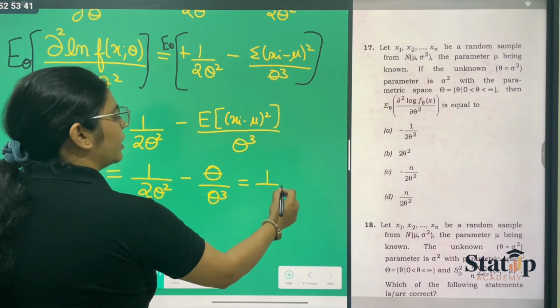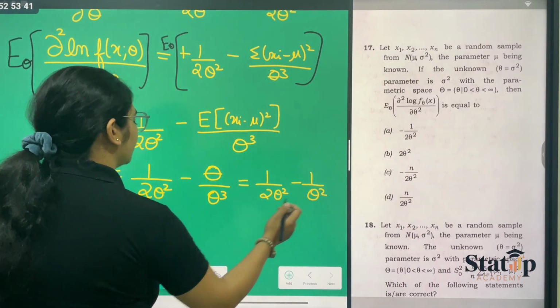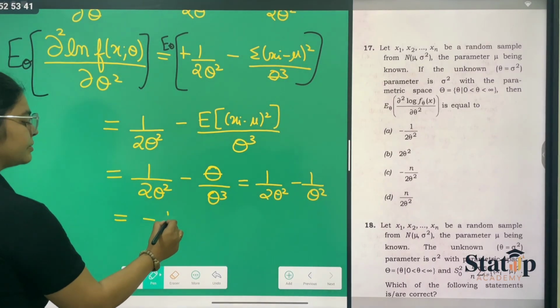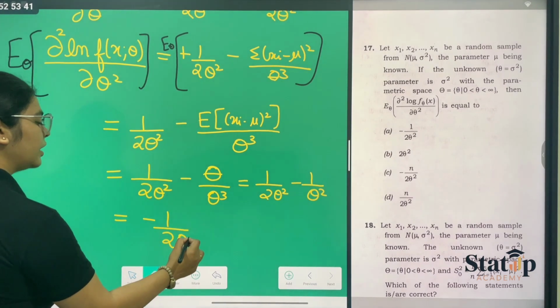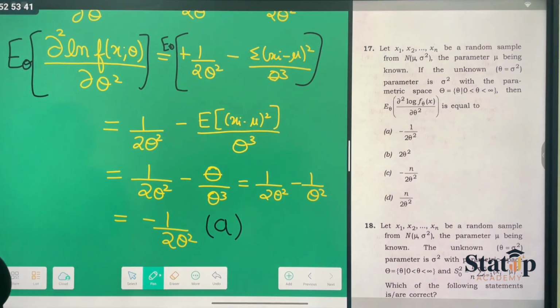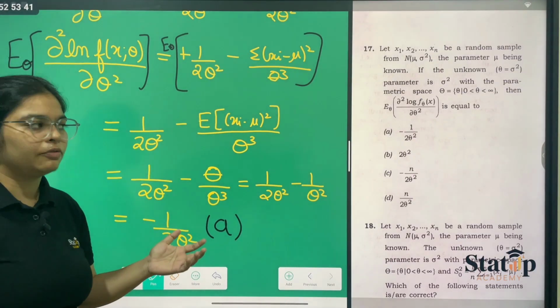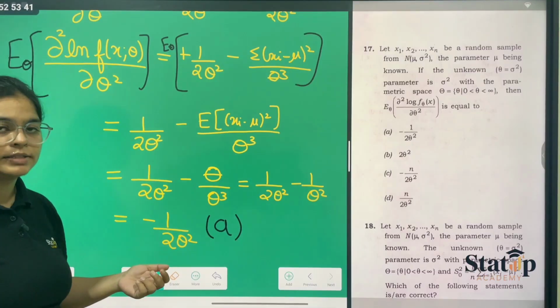So it will be 1 upon 2 theta square minus 1 upon theta square, which will give us the answer as minus 1 upon 2 theta square, which is our option number A. So this was the direct implementation of your Fisher information. I hope that it is clear.